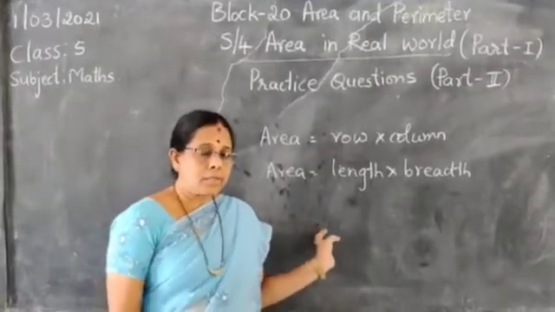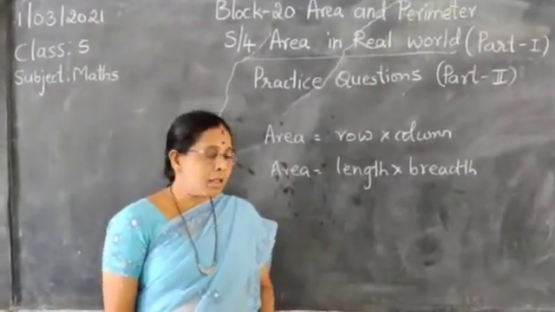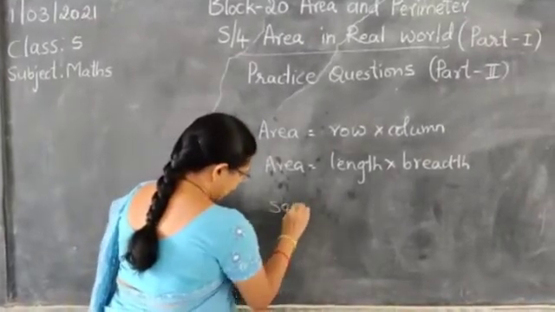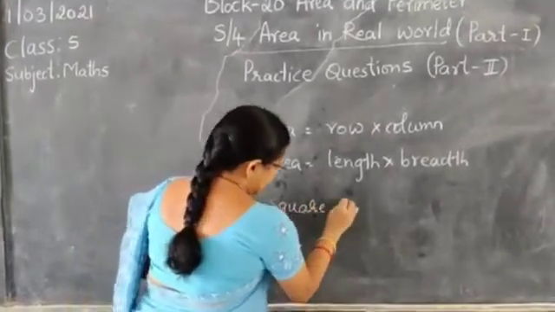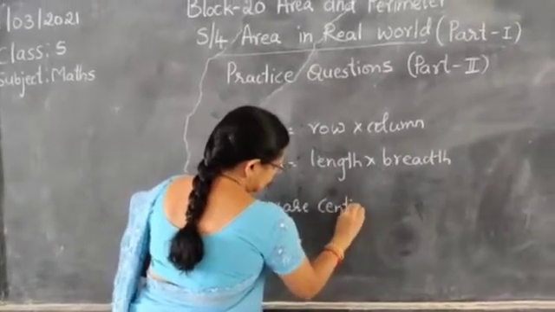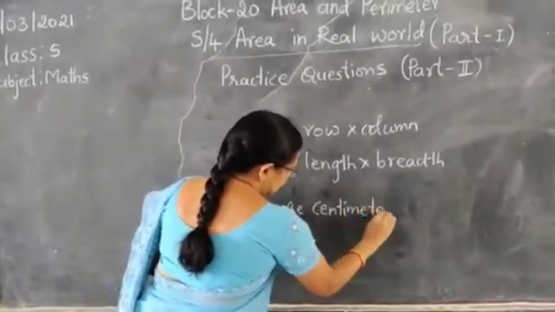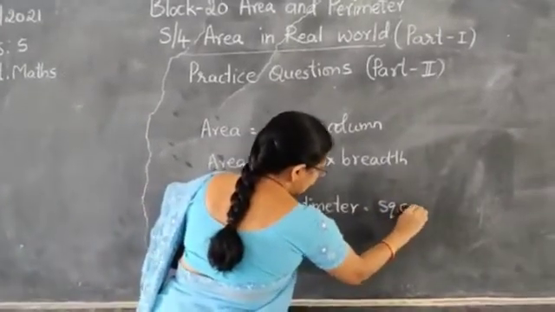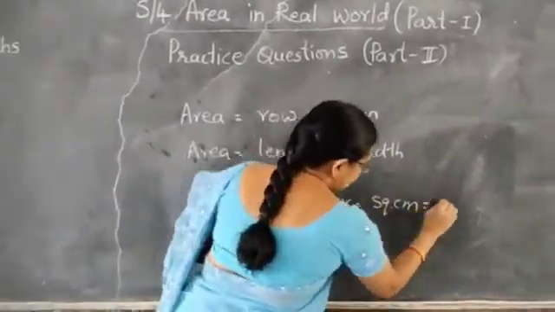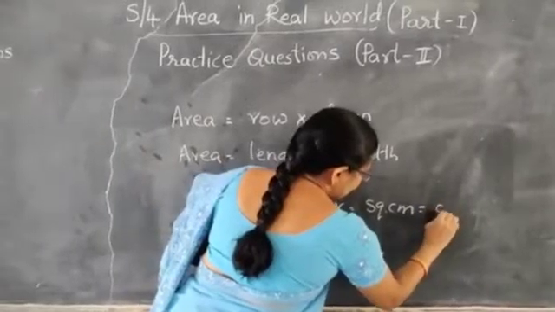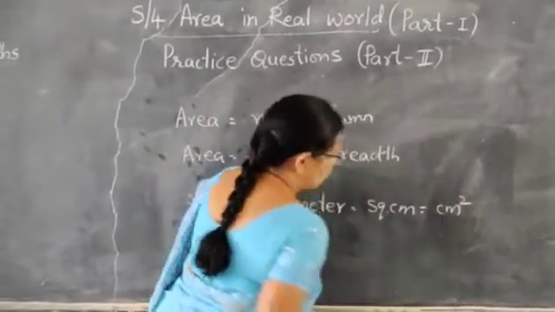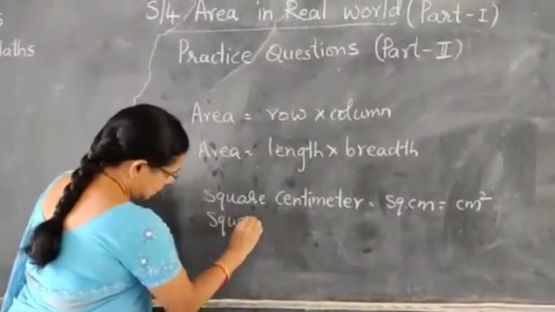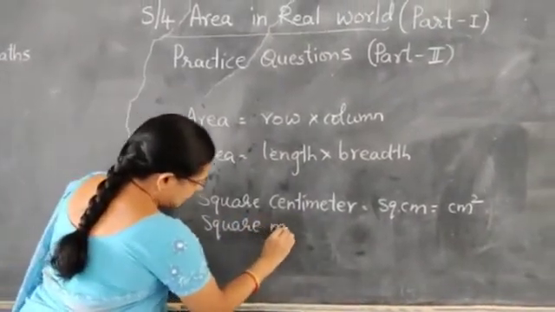There are other units that we use to measure area, that are square centimeter. This you can write in short form, square centimeter, and this you can write like this also, centimeter square. Okay, now square meter.